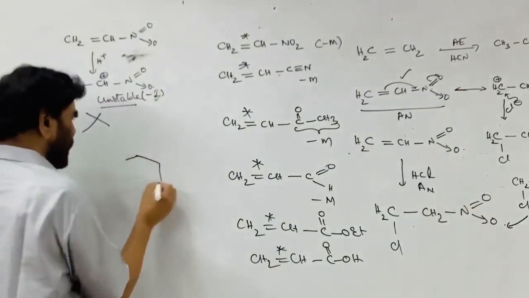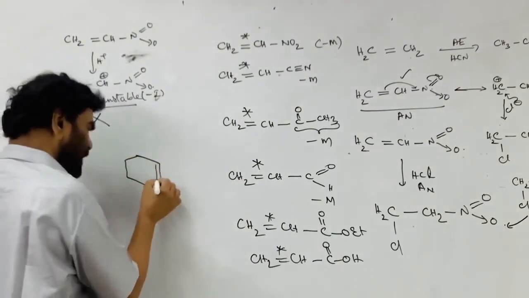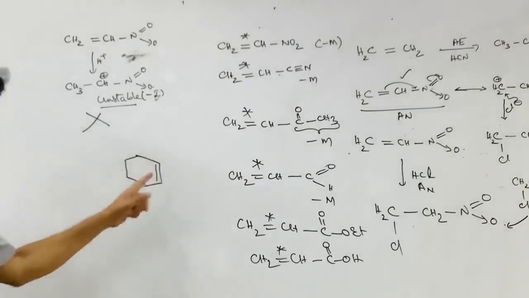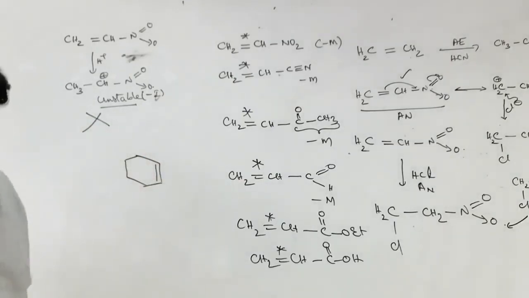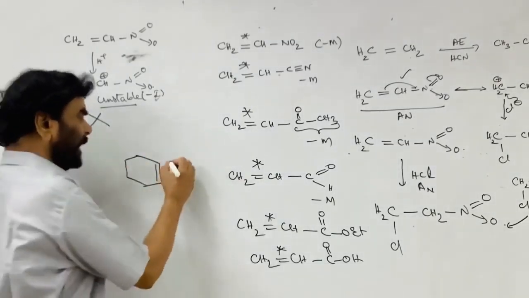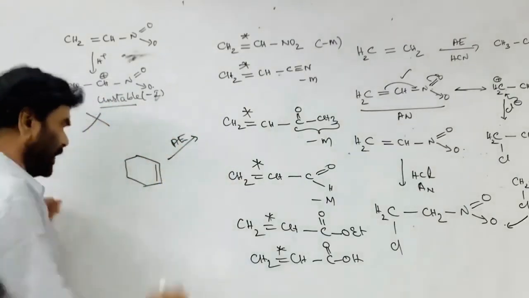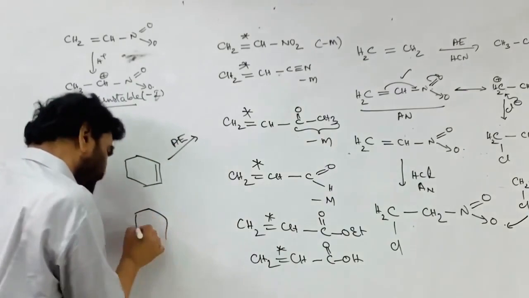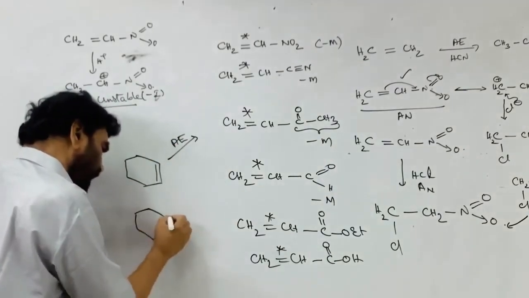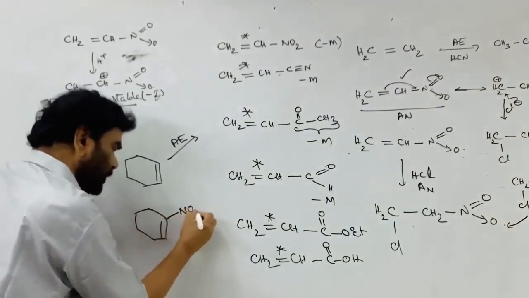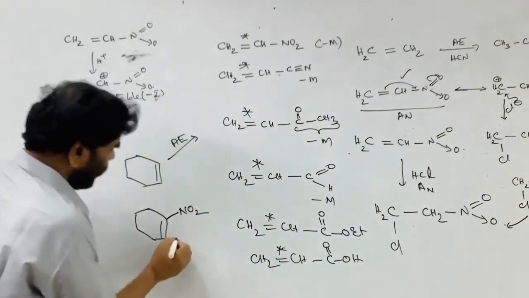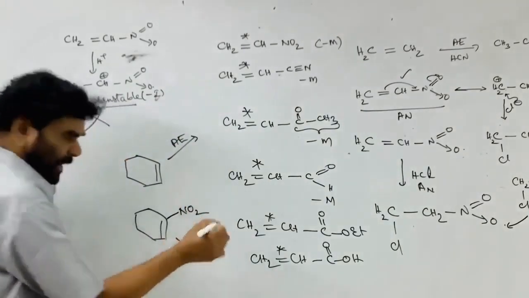Or we can take cyclohexene. Carbon-carbon double bond, try to understand, takes part in the AE reaction, electrophilic addition reaction. But if you take this one, with the NO2 on the double bond, it takes part in the nucleophilic addition reaction, AN reaction.